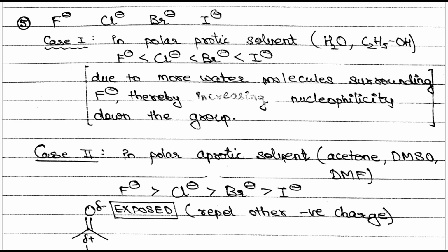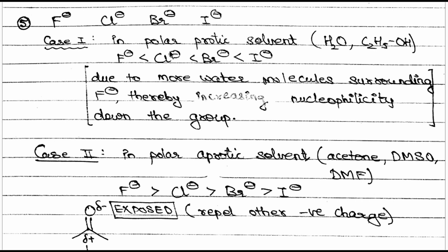Polar aprotic solvents are polar solvents, but they do not have the tendency to dissociate or give away H plus ions. Acetone, dimethyl sulfoxide, shortly called DMSO, dimethylformamide, shortly called DMF, or even acetonitrile, that is methyl cyanide, CH3C triple bond N, are good examples of polar aprotic solvents.